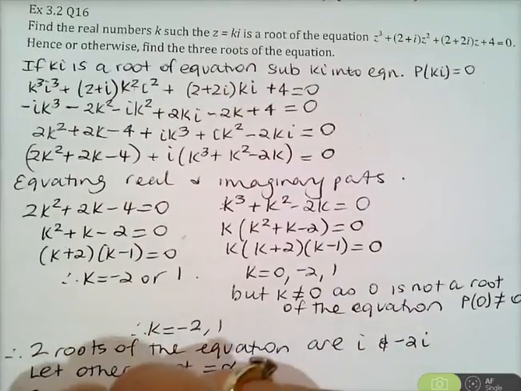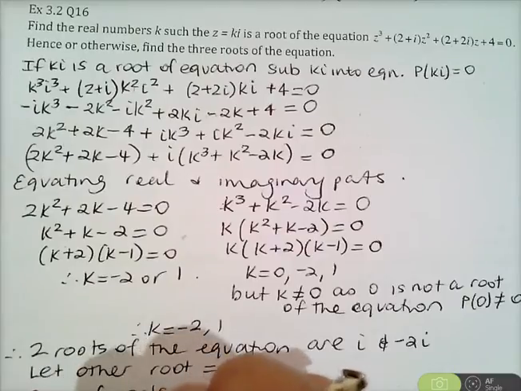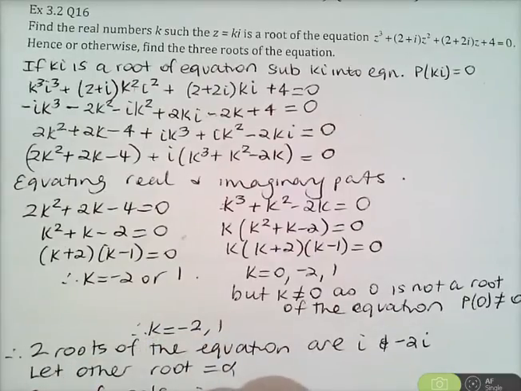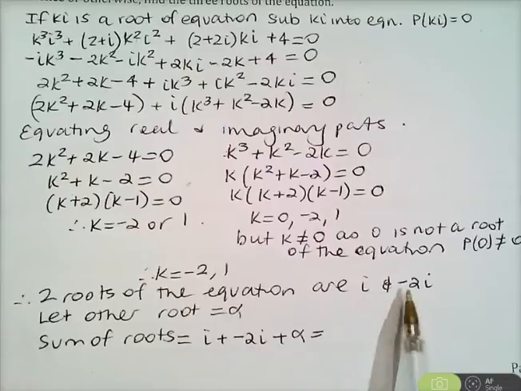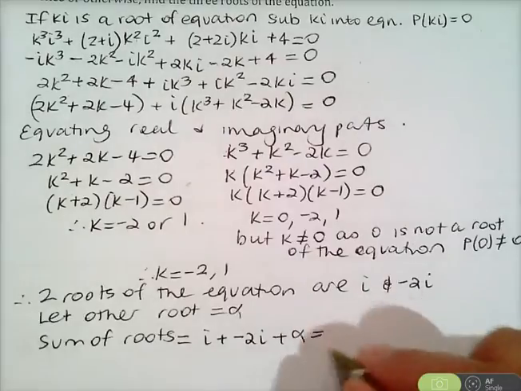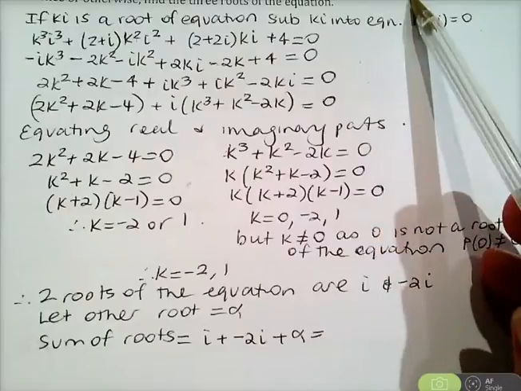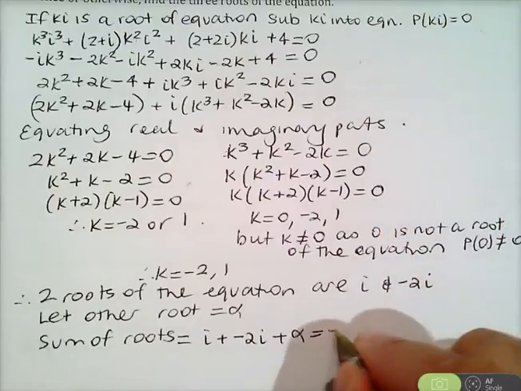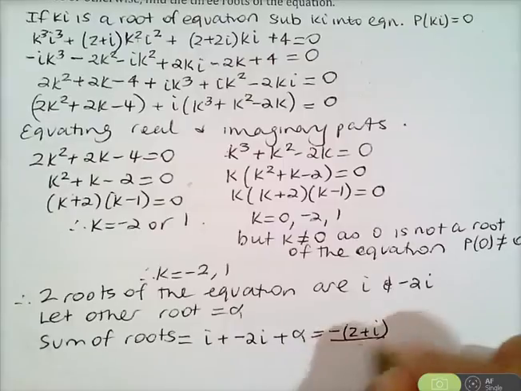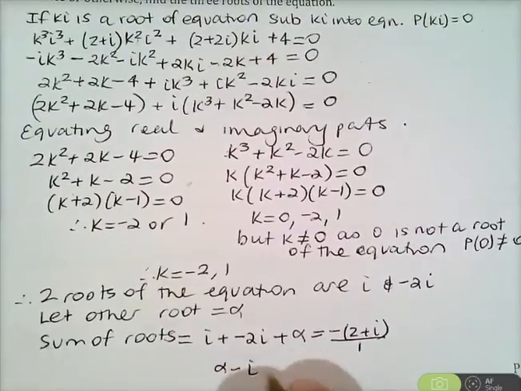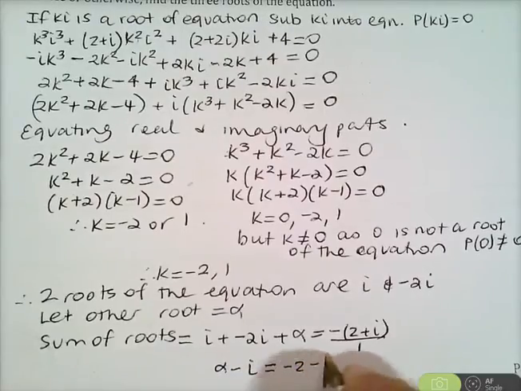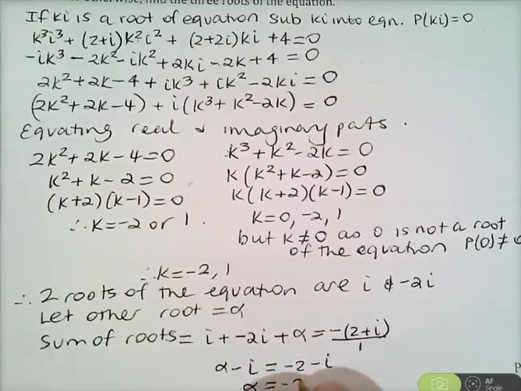Now by the sum of the roots, i plus negative 2i plus alpha equals negative b on a, which is negative (2 plus i) over 1, which means that alpha minus i equals negative 2 minus i, which means that alpha equals negative 2.